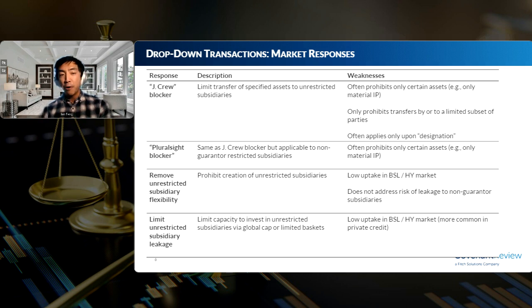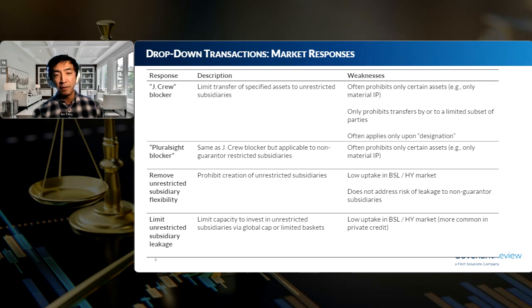The response, however, was, the way that a former colleague of mine used to call it, a whack-a-mole response. And it's because the response was designed to address the last LME, which in this case was the transfer of material IP. So what do most J.Crew blockers look like today? They look like a prohibition on the transfer of material IP to unrestricted subsidiaries.